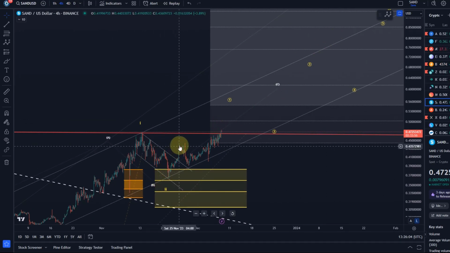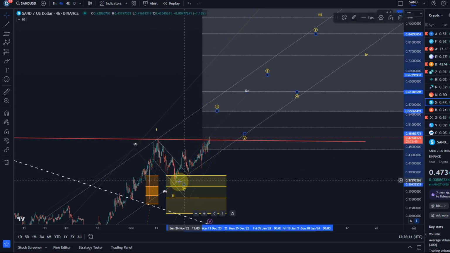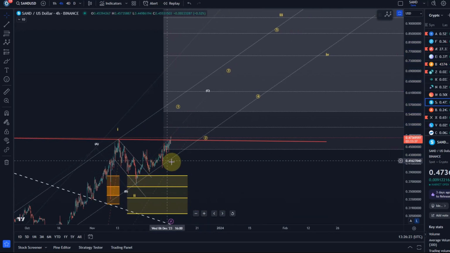The microstructure is, again, not very clear here. So I avoid any further microstructure. It could be that this here is again a leading diagonal in wave 1, but you can't trust these. So I don't want to provide another micro count here, because going even smaller doesn't make sense. It will just be invalidated, guaranteed, if I give you a micro count here.